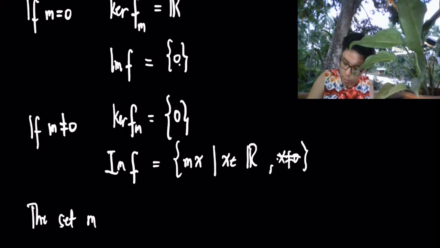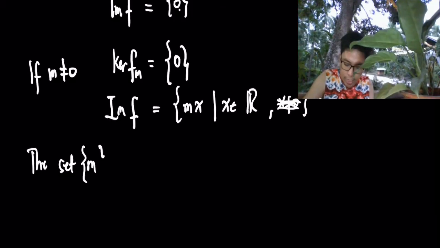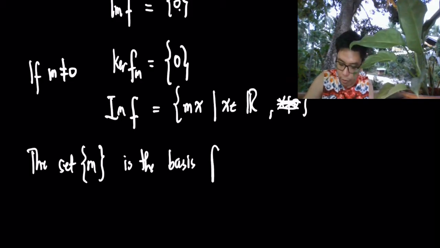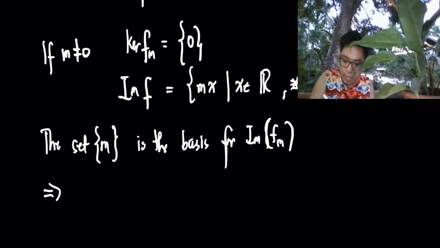so I'm gonna erase this one here because I'm gonna generalize that. So the set containing M here, a single-element set, is already the basis for the image of Fm, simply because this is already like a linear combination. So, what does it imply? The nullity of Fm here.